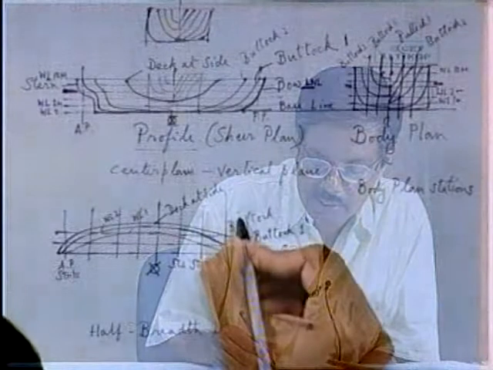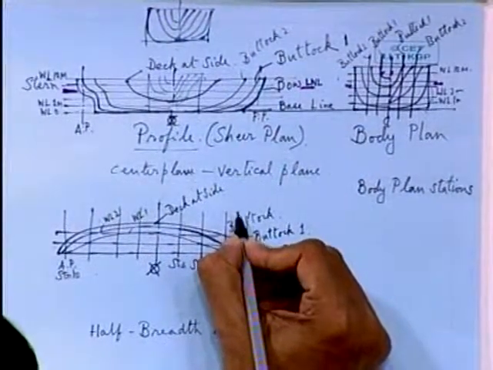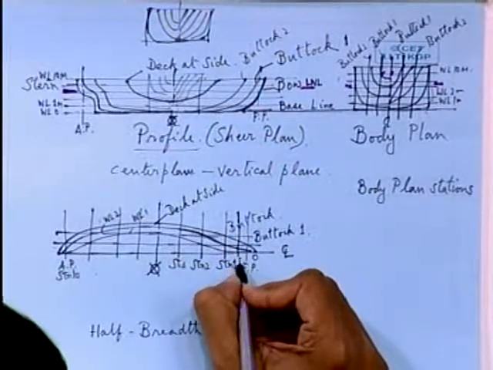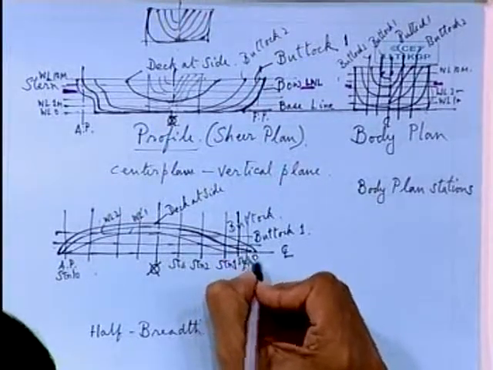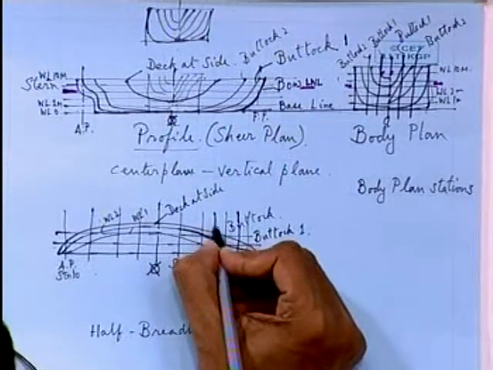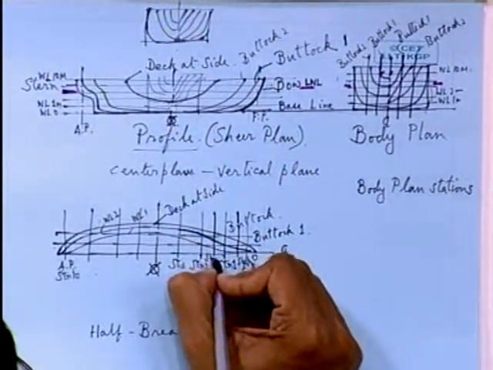The hull form actually changes vastly near the forward end and also near the aft end. Now here again it will be necessary to make another station, which is called a half station. Say this is station half, and here also there will be another station which is called station 1.5.